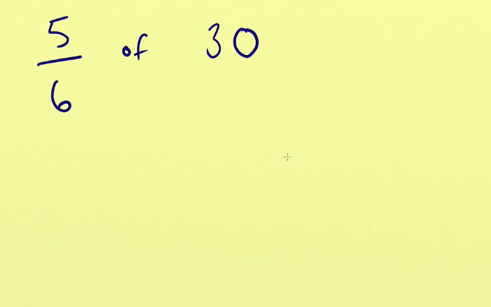So straight onto the rule of finding a fraction of a number. You're going to take your number, and the first step is to divide your number by the bottom number of the fraction. So we're going to do 30 divided by 6. 30 divided by 6 gives us 5.